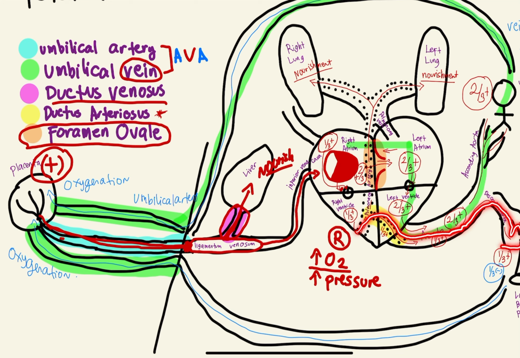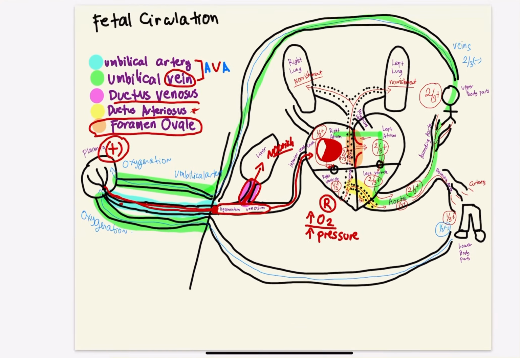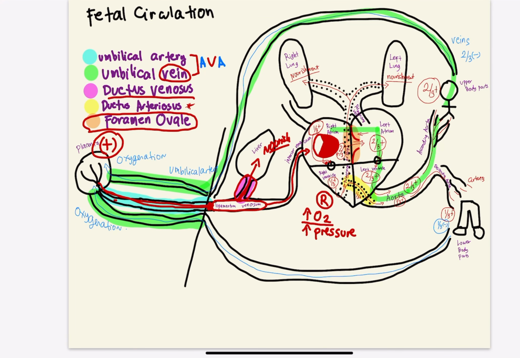And then the 1/3 oxygenated blood will now become unoxygenated kasi i-consume na siya ng different parts of your body. They will pass the veins, dadaan po sila dito pabalik, and then going towards the umbilical artery, going back to the placenta for oxygenation. So that is how simple fetal circulation is.